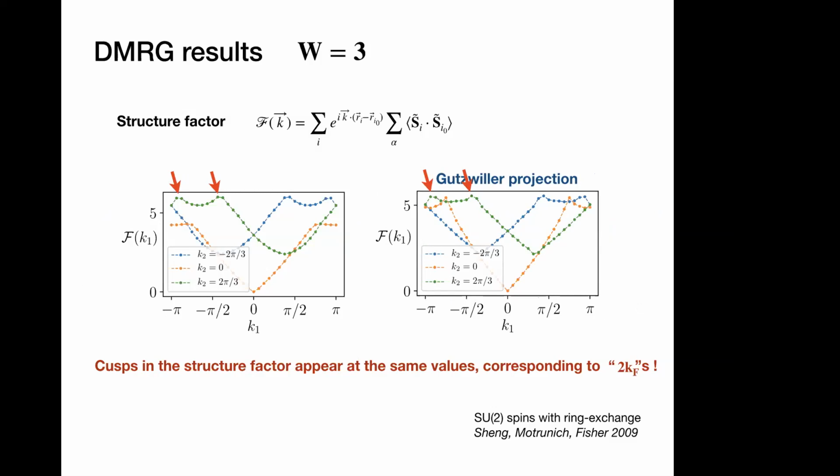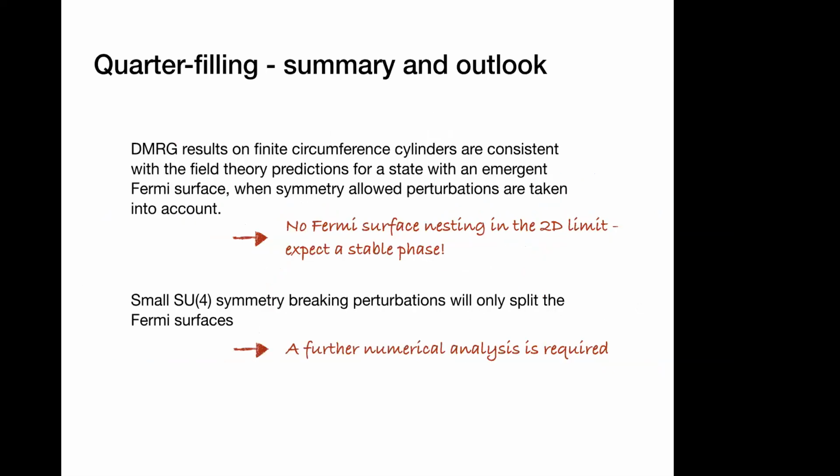Just to summarize, I tried to show that the numerical DMRG results that we have on finite circumference cylinders for this quarter filling case are consistent with the mean field ansatz of just a uniform hopping on a triangular lattice, if we also take into account the symmetry allowed perturbations.